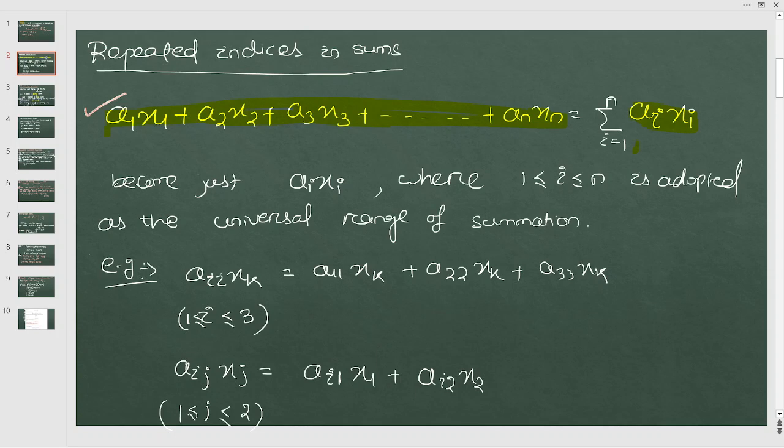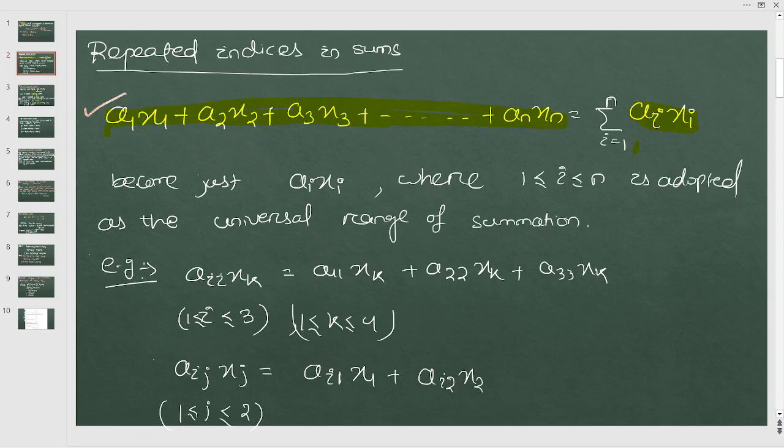Remember, if k also varies from 1 to 4, then you write a11 x1, a22 x1, a33 x1, then a11 x2, then similarly x3, then similarly x4. Likewise you have to write it this way.